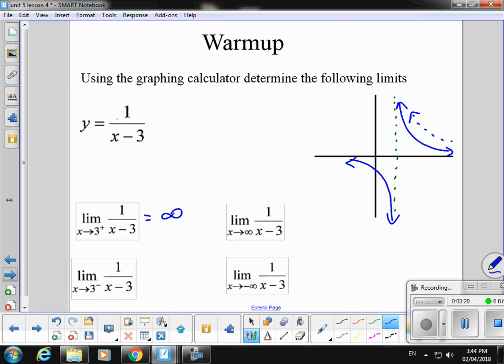As I am traveling towards 3 from the left side, I am coming down to negative infinity. As I go to the right forever, I get closer and closer to 0, approaching from above. As I approach negative infinity, headed out to the left forever, I get closer and closer to 0 from below.